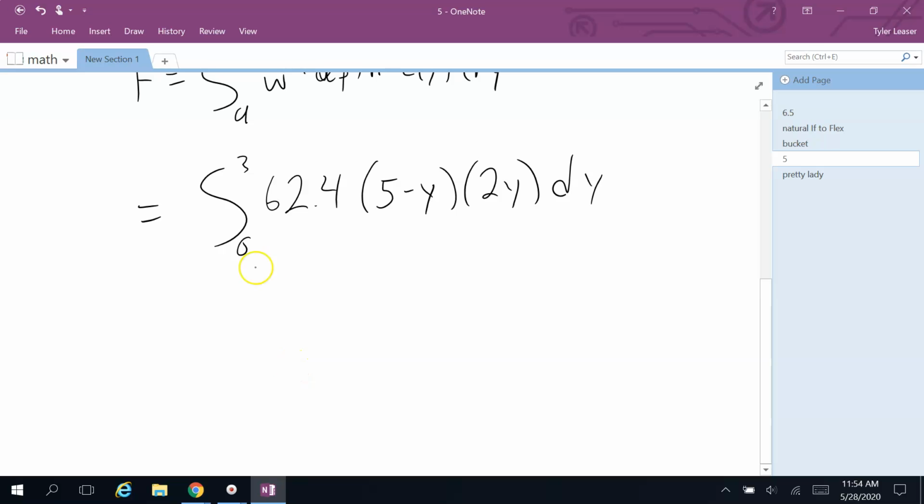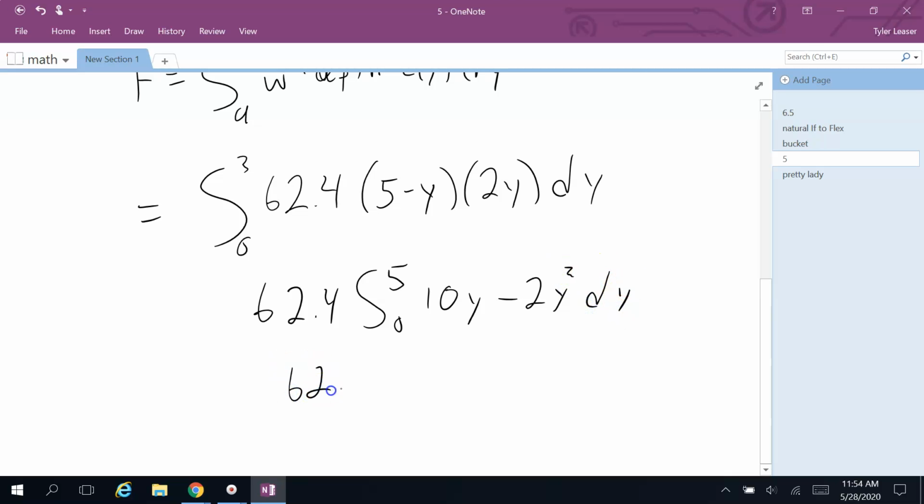Okay, we can pull that 62.4 out of the integral just because it's kind of obnoxious and in the way. Distributing the 2y into the parentheses here, we get 10y minus 2y squared. 62.4 stays. We're going to do the antiderivative here. 10y goes to 5y squared. Minus 2y squared goes to 2/3 y cubed. And then we're evaluating this between 0 and 5.